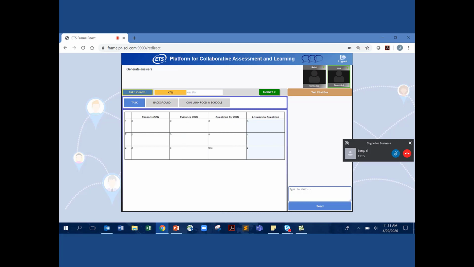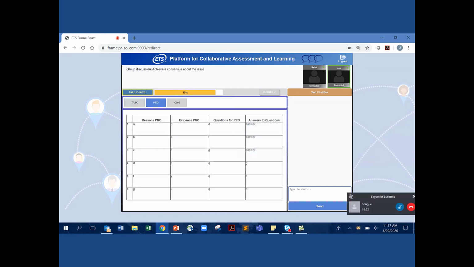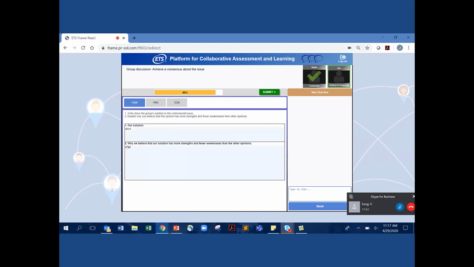And then they send it back to the original group, and the original group answers those questions and figures out how to respond to them. Then each group gets all the information from all these inputs and uses it to come up with a solution to the problem that they think takes the strongest arguments of each and makes the best case for what would be the best path forward.